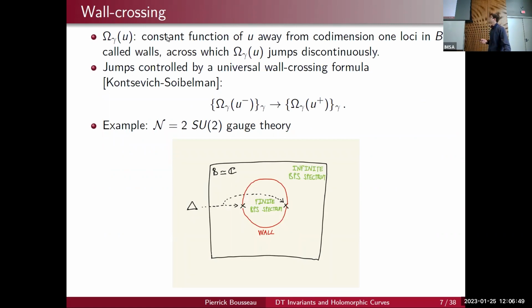Okay, so the basic property of these DT invariants omega gamma of U is that they are locally constant as a function of U away from codimension 1 loci in B called walls, but across these walls they can jump discontinuously. So this is a wall crossing phenomenon, which is controlled by the universal wall crossing formula due to Kontsevich and Soibelman.